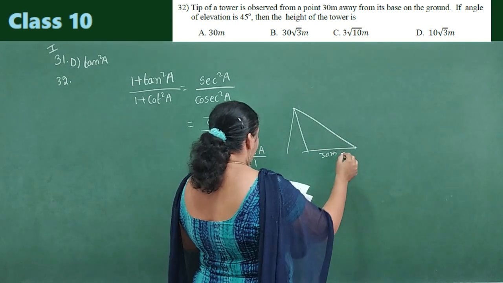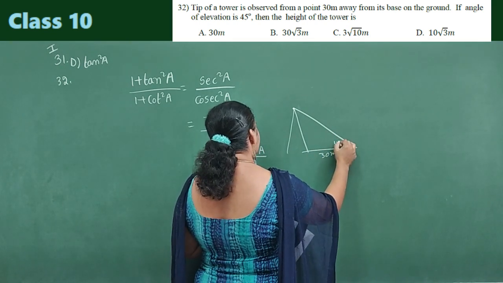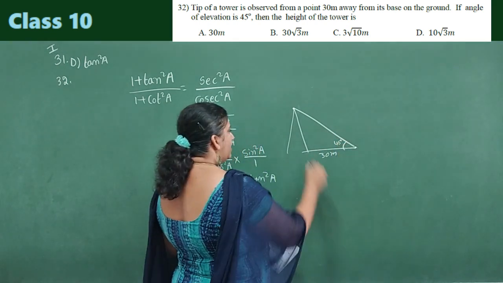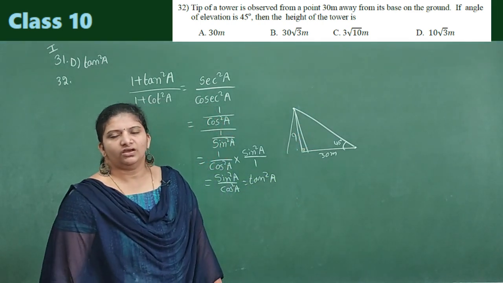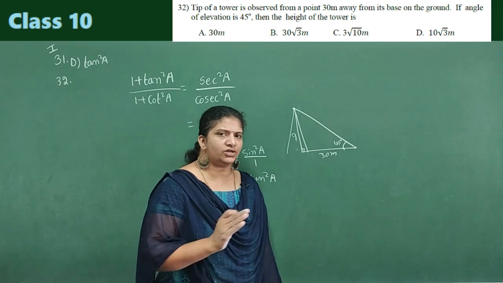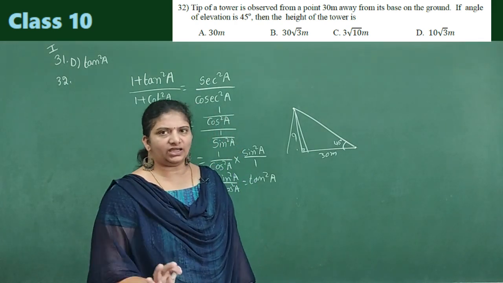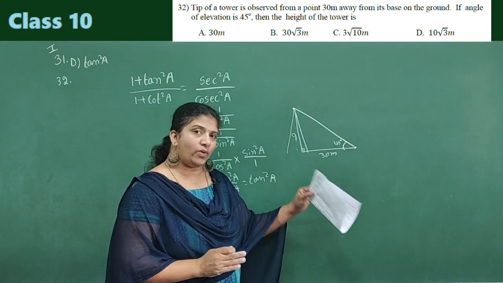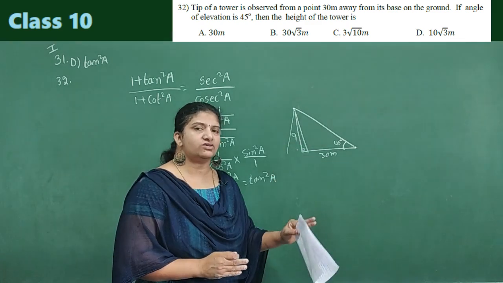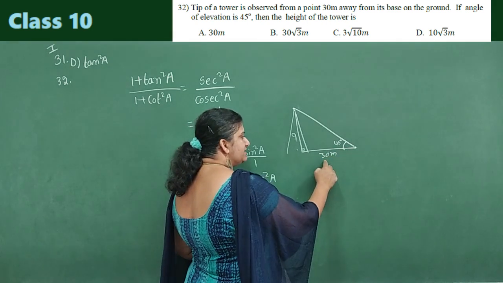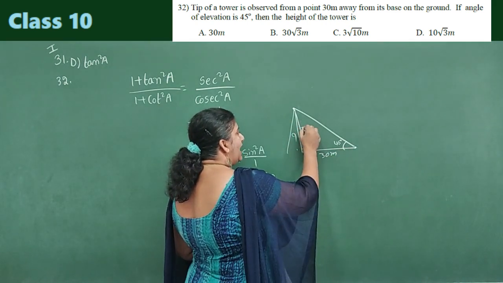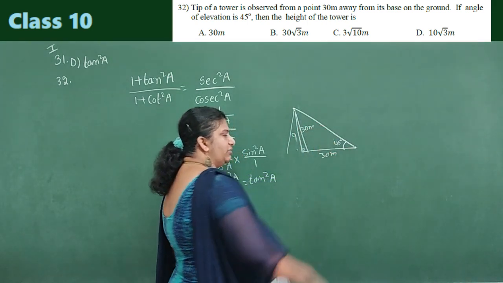If the angle of elevation is 45 degree, then what is the height of the tower? Very simple. If you have trigonometric ratio 45 degree, if you know one side, the other side is also equal. So what do you know? This distance is 30 meters. Then the height of the tower is also 30 meters.